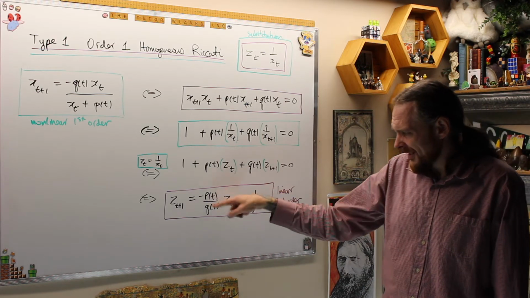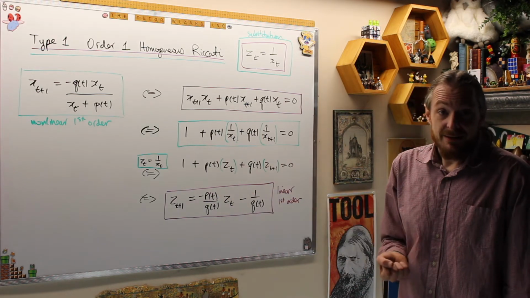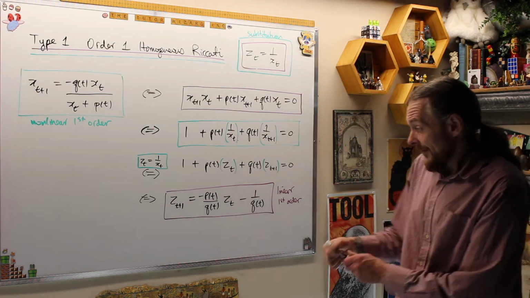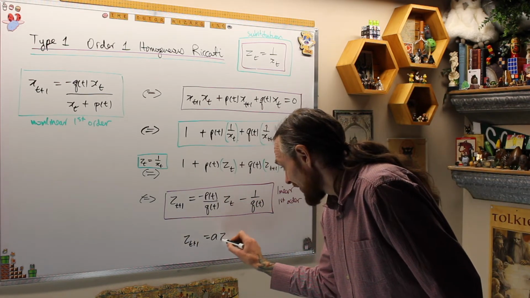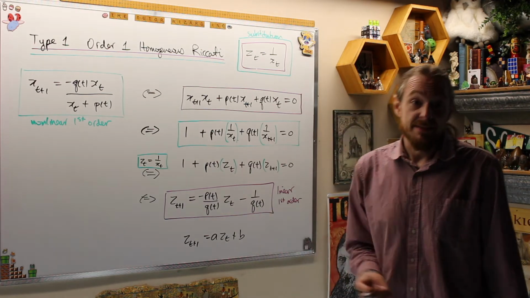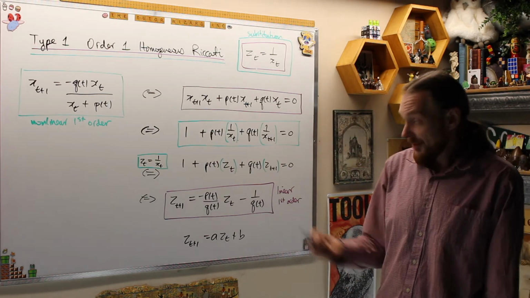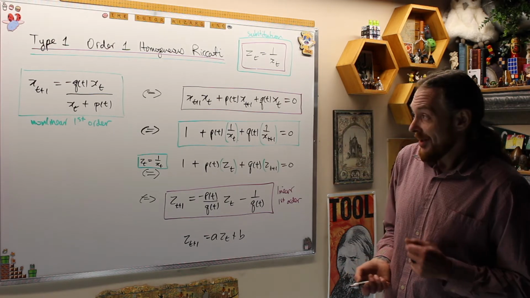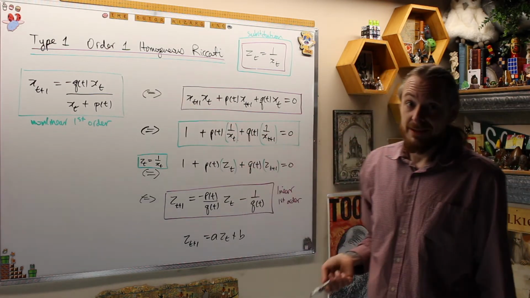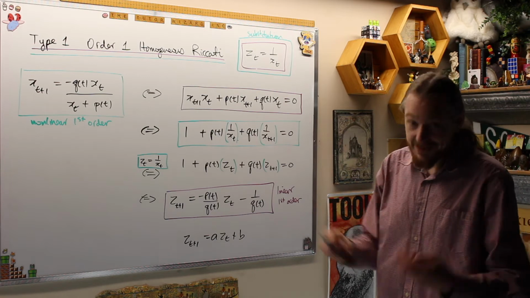If those are numbers specifically, we're going to get a constant coefficient linear first order equation. So if this is a number and this is a number, what we get is z_{t+1} equals a z_t plus b. The systematic methods that we've done, that's exactly what I'm going to do in a second, because this Pielou-type difference equation has an awfully similar form to this one, and so it is specifically Riccati type.